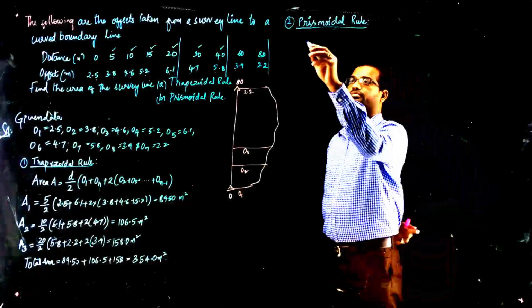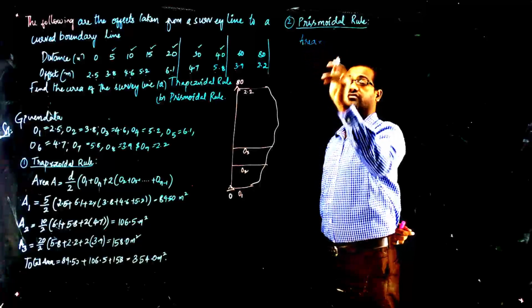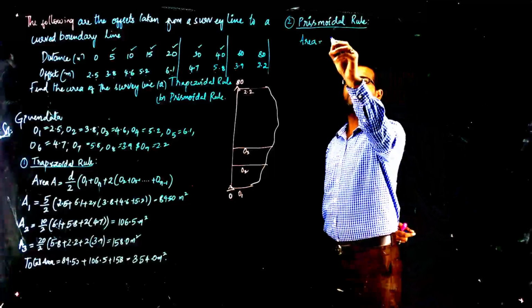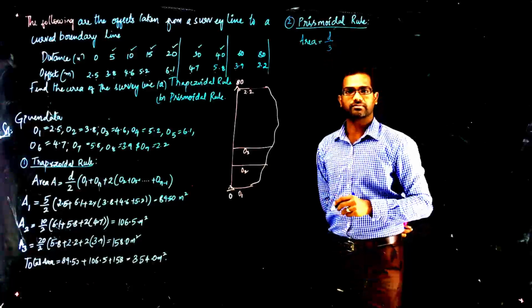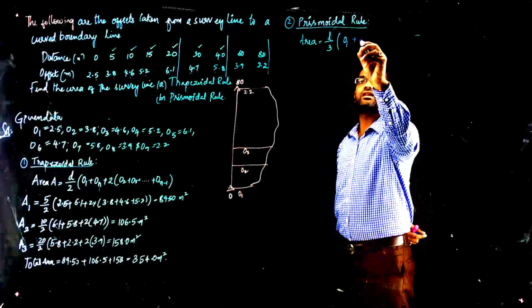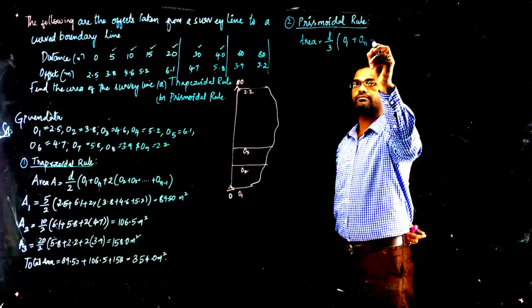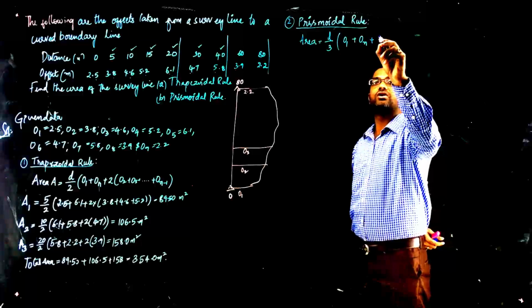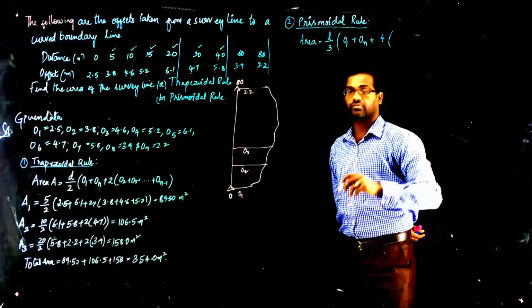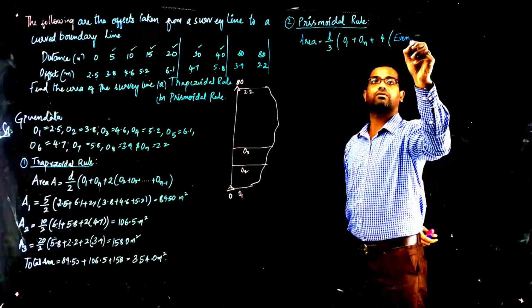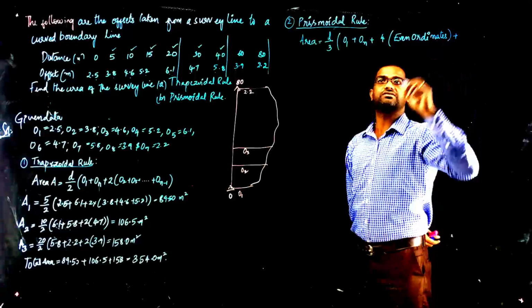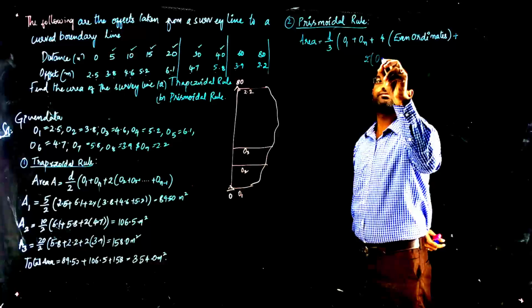As per this rule, area for different ordinates having a common distance is given by the common distance divided by 3, times first ordinate plus last ordinate plus 4 times even ordinates plus 2 times odd ordinates.